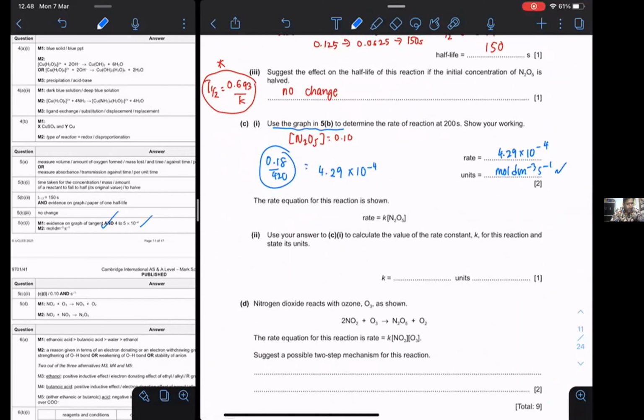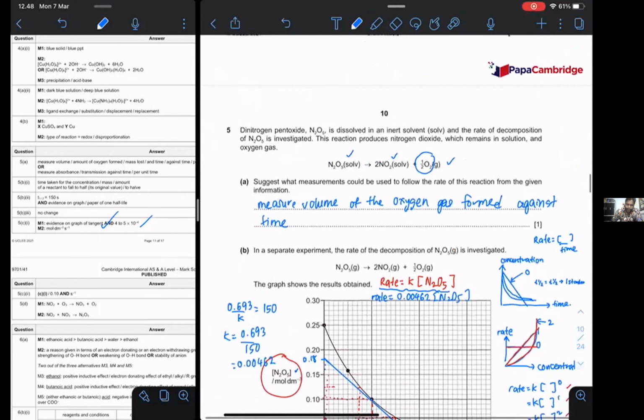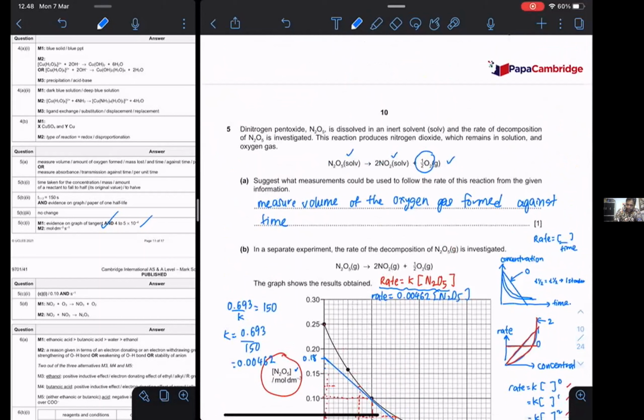Then if you proceed further, the rate equation for this reaction is shown. Again, it's a first order reaction, so nothing to do with the other reactants and products. You can see it is 100% dependent on N2O5.